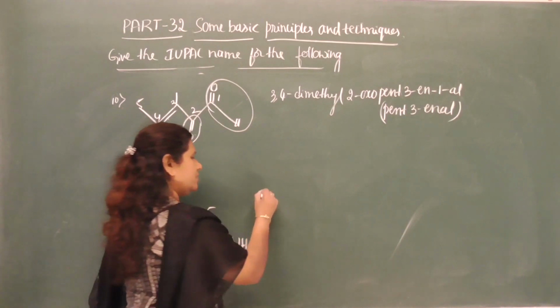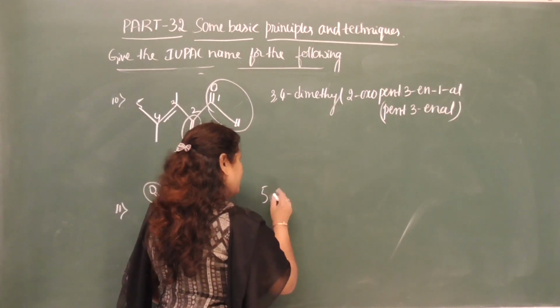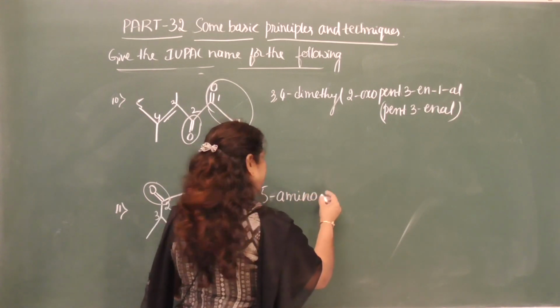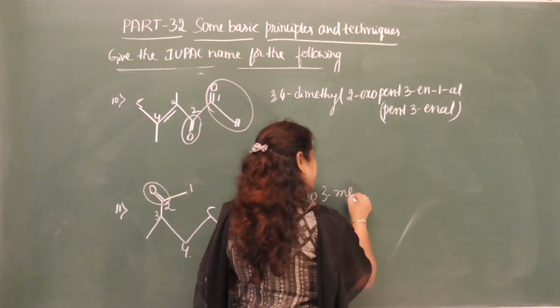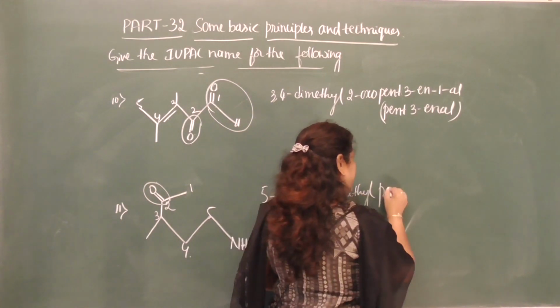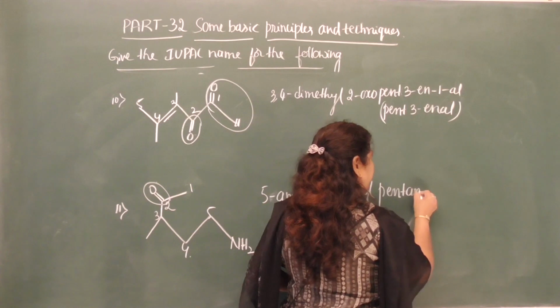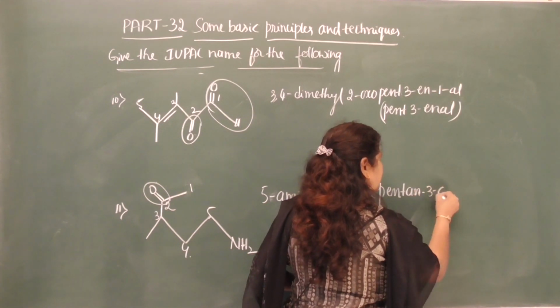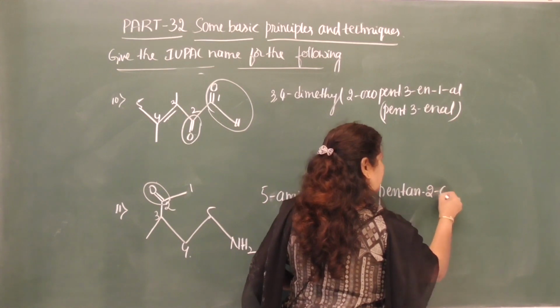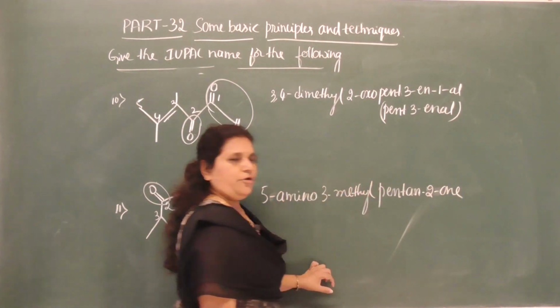Then the name is, arranging in alphabetical order, 5-amino, 3-methyl, pentane, 2-one. Pentan-2-one is the IUPAC name.